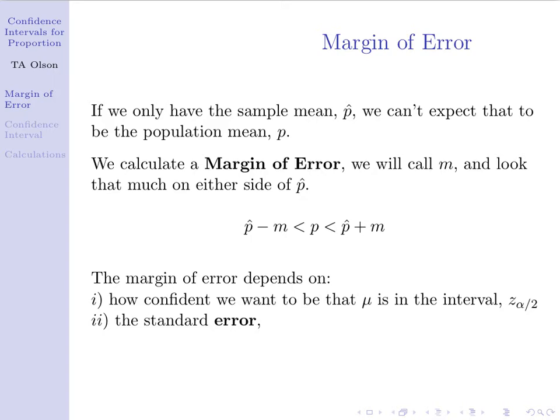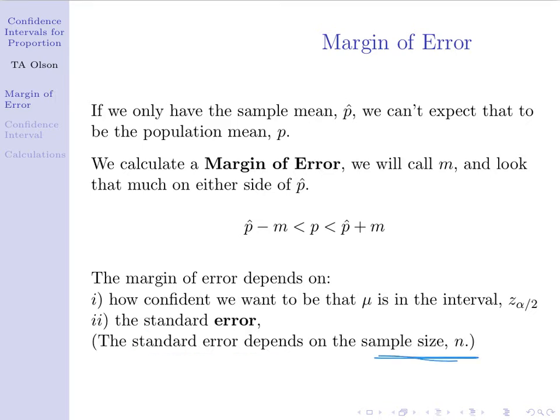And the other thing it's going to depend on is something we're going to call the standard error. Last time we had our sigma over the square root of n. That was really our standard error, and this time our standard error is going to depend on our sample size. So our sample size is going to affect our margin of error again.